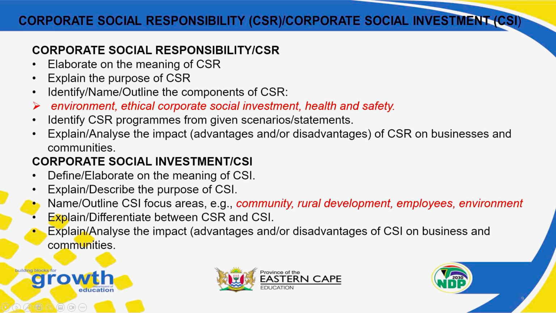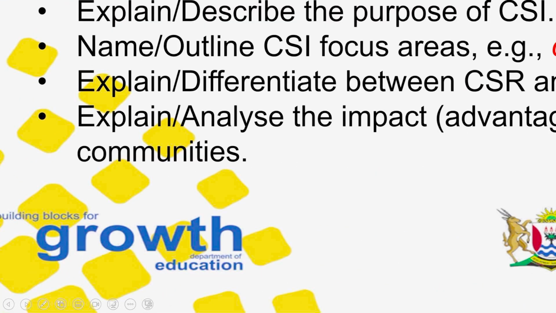Then identify also CSR programs from given scenarios and explain the impact. With the impact, it is not difficult because it is the same information you are using for the CSR. It depends whether the impact is on businesses or on the community.